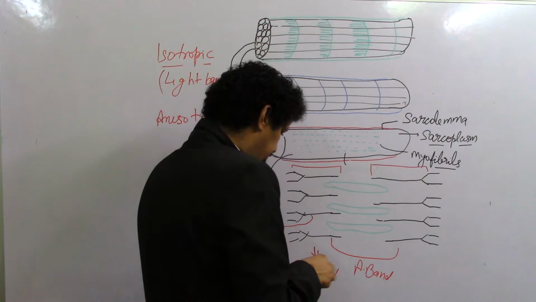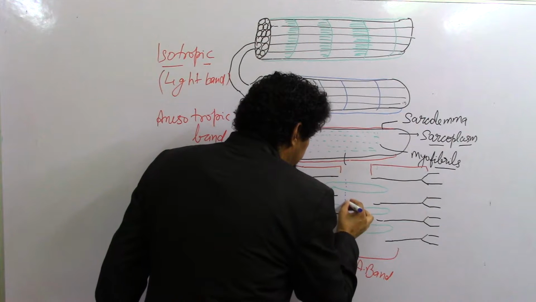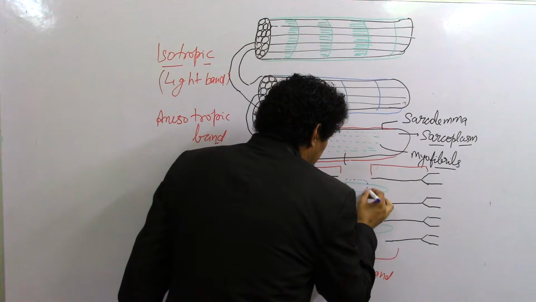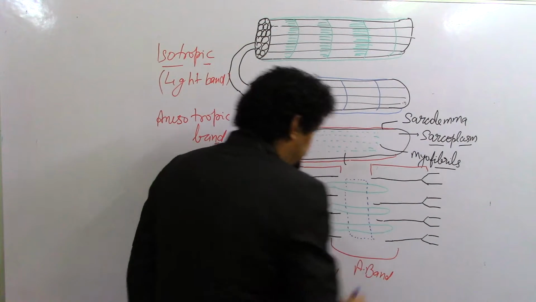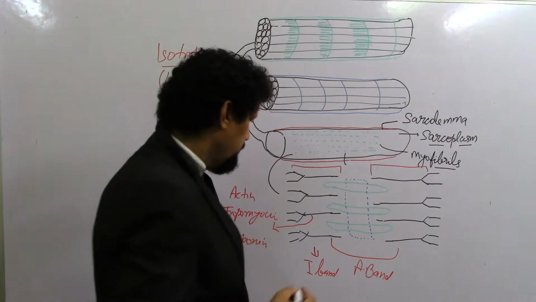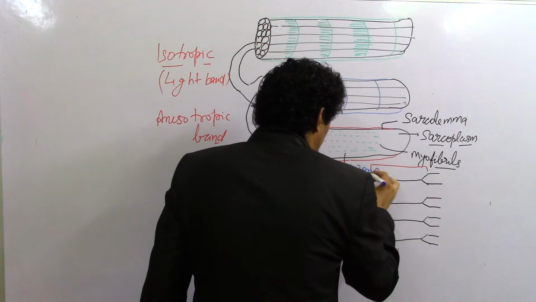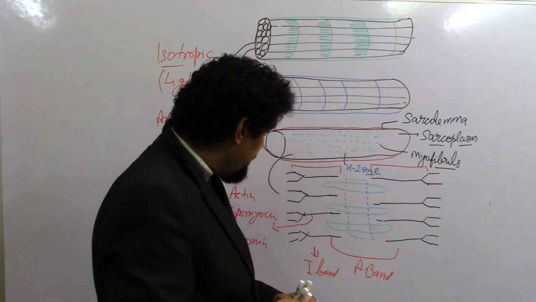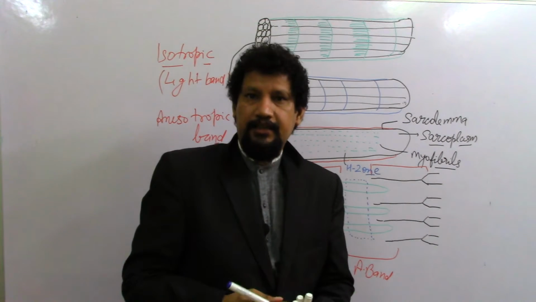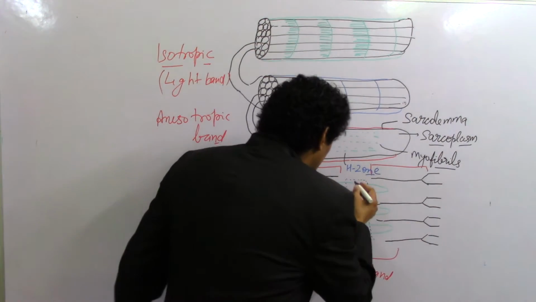So this part, which is comparatively lighter, in the central part of this A band, is known as H zone, and again the central most part of this H zone is comparatively darker, so this is known as M line.